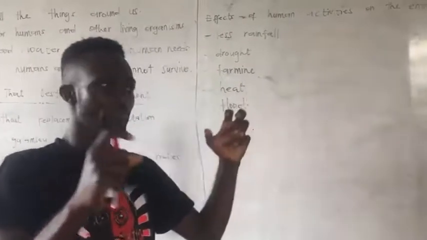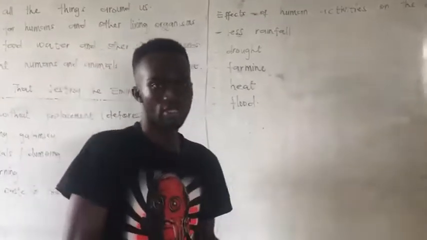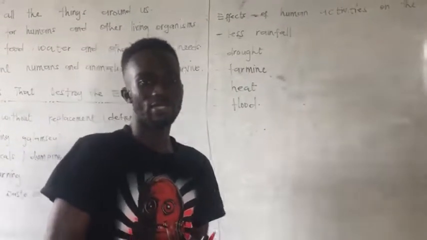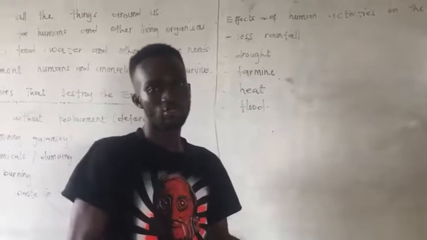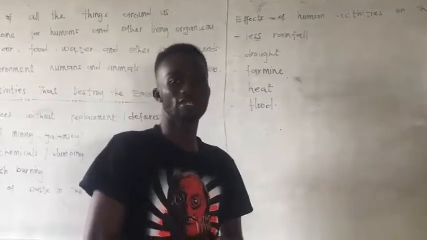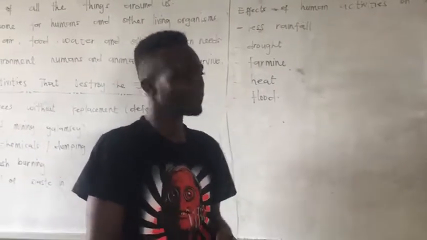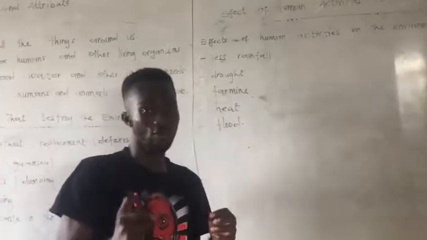When the ozone layer is being depleted, the sun tends to shine directly on the earth, which causes the soil to become very hot, kills the microorganisms, leaves the soil acidic, and it also makes the atmosphere very hot.